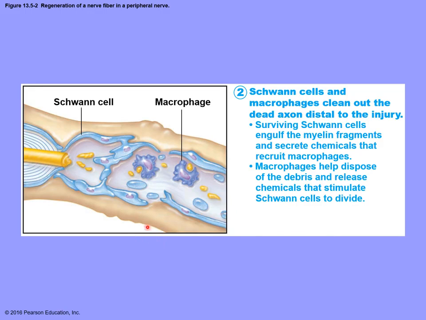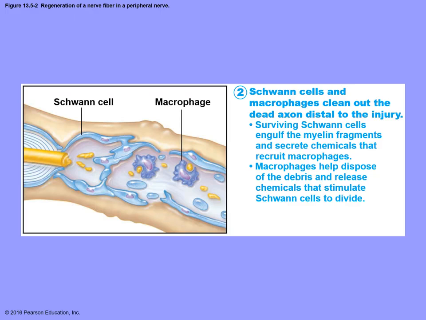The Schwann cells that were wrapped around providing that insulation, along with the macrophages, are going to act like a cleanup crew. Macrophages are specialized cells that are stimulated whenever there's an injury to come to that site, and they help clean up any cellular debris.